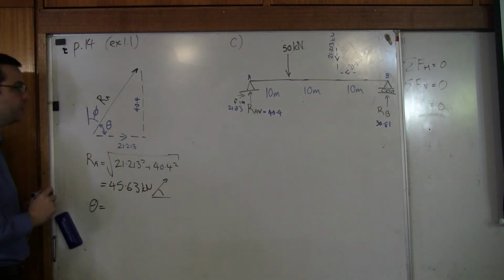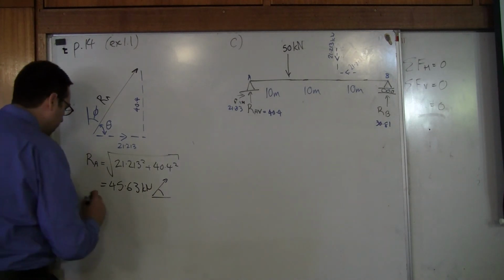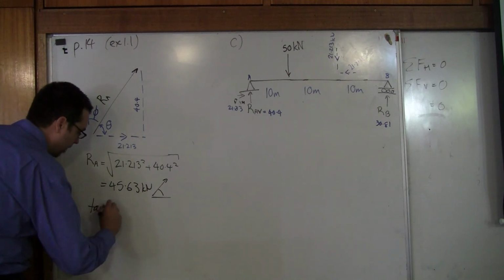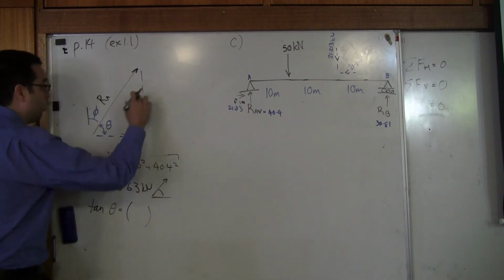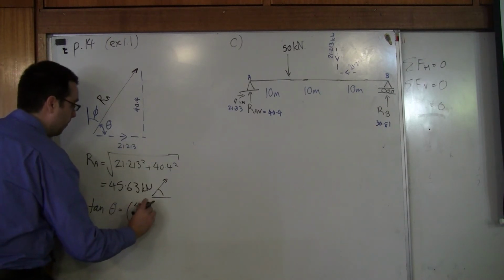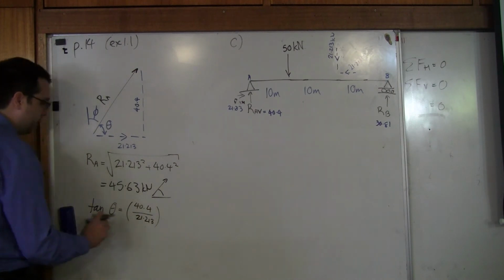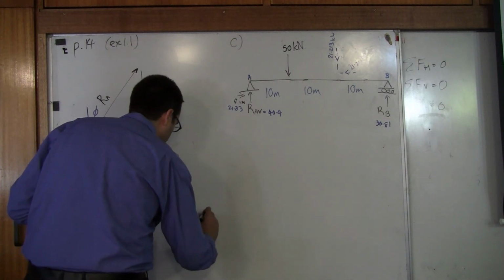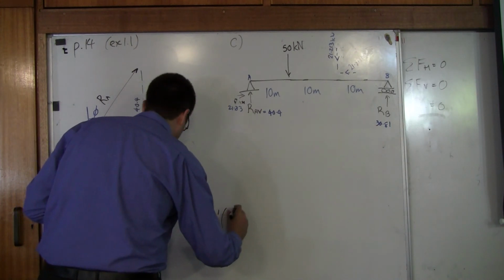But let's figure out the value. How do we find the value? So we know that tan theta equals opposite over adjacent. Let me write that in for you. Tan theta equals opposite over adjacent. So opposite is 40.4 over 21.213. So what that means is theta equals the inverse of tan, or arctan if you use it on the Excel.